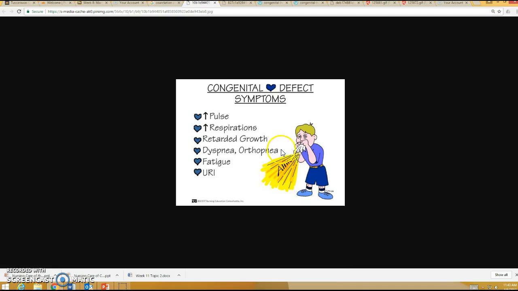You'll see shortness of breath, or you'll see orthopnea. If you recall, orthopnea is difficulty breathing when lying flat. Fatigue. These babies may not want to eat, or they may not be able to finish bottles or breastfeeding. And they may have an upper respiratory infection as well. So this is just kind of a cool visual to help you visualize what is common with a congenital heart defect.